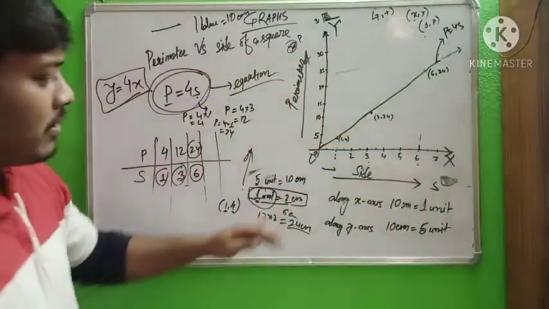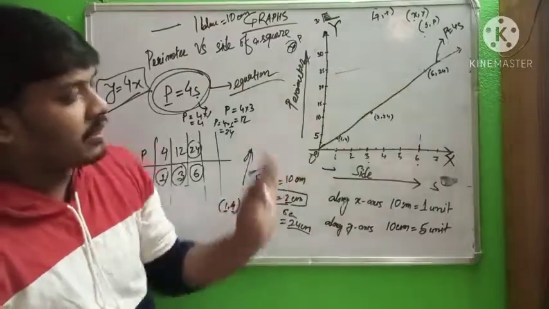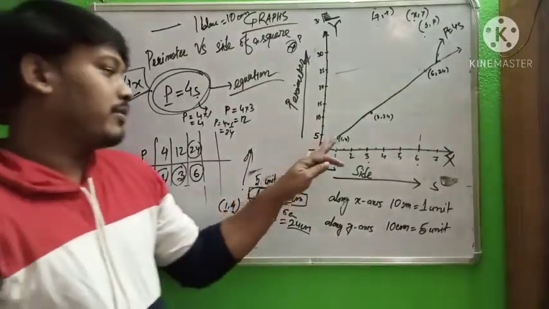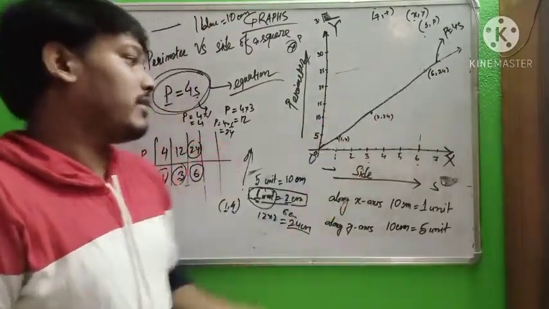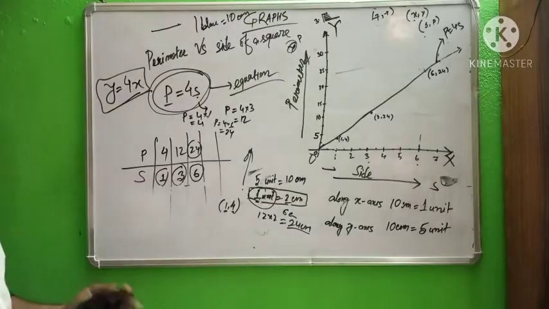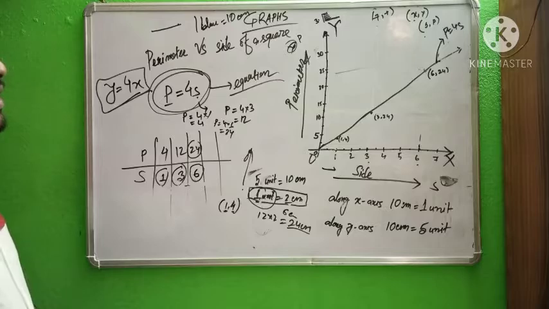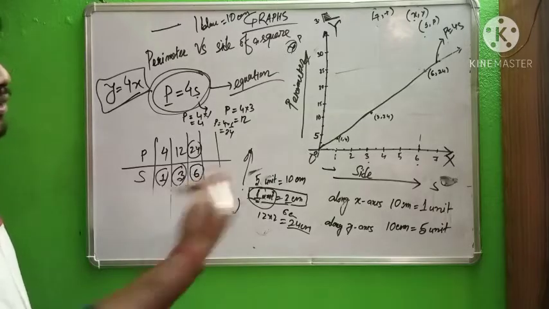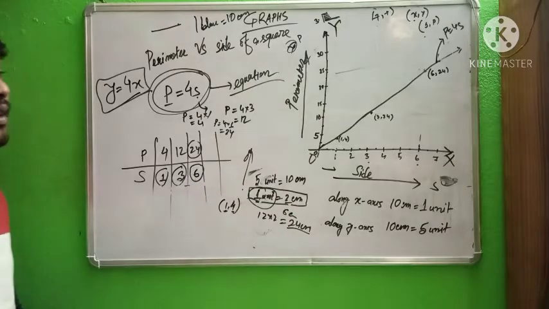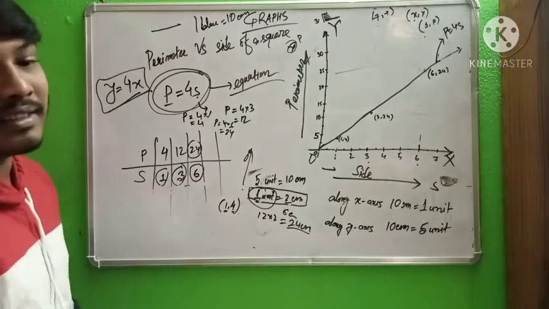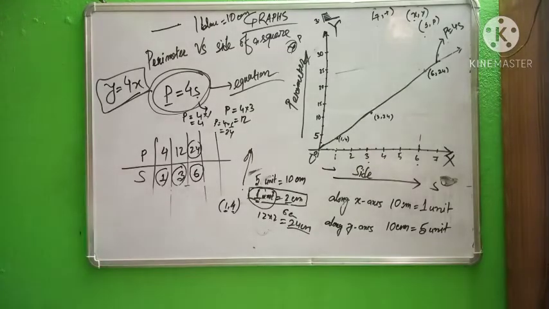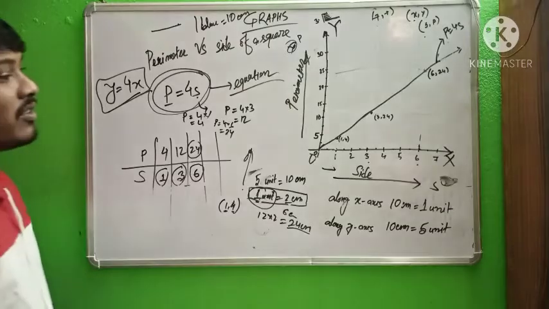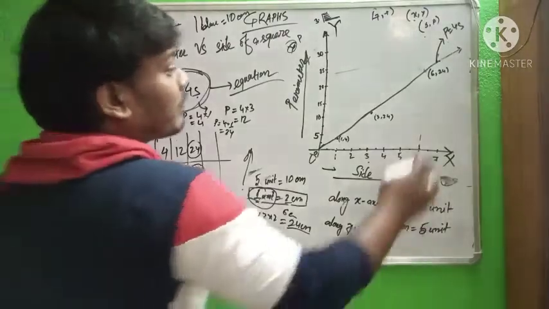It is a line, so the graph goes in this way. Later in class 9 or 12 you will know why we need this kind of graph. In class 8 no more explanation is there. Later we will know.